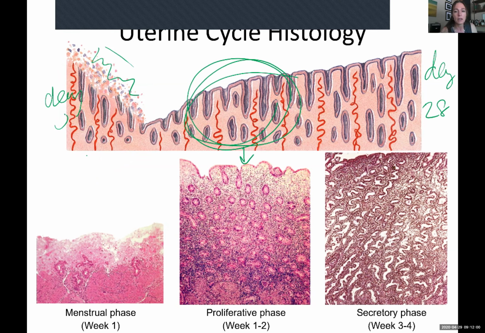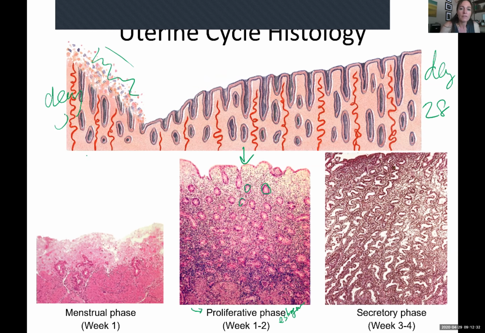So what we see are glands that are just little round. They might get long and turn into ovals, but they're really angular and more geometric looking, because this is the proliferative phase. During the proliferative phase, it's dominated by estrogen, and estrogen is causing the building of this endometrium. There are other hormones involved, but estrogen is the primary growth promoter.